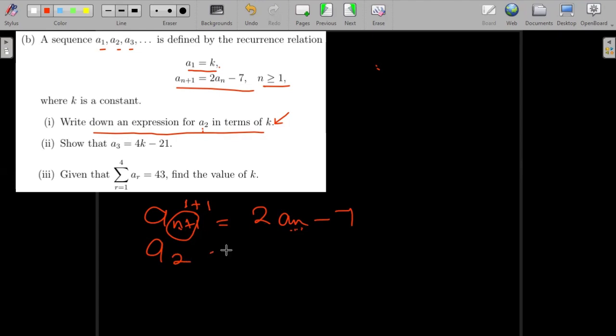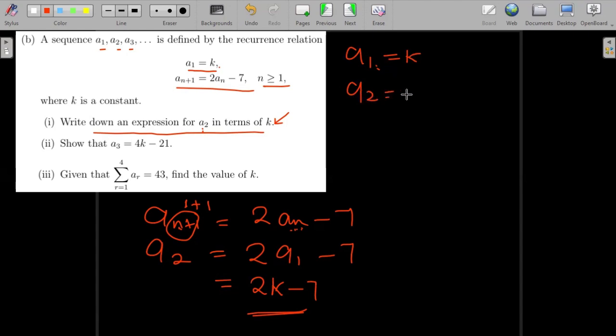So A2 is equal to 2A1 minus 7. The A1 has been given as equal to K. So this will be 2K minus 7. So we have A1 being equal to K, and A2 we found is 2K minus 7.